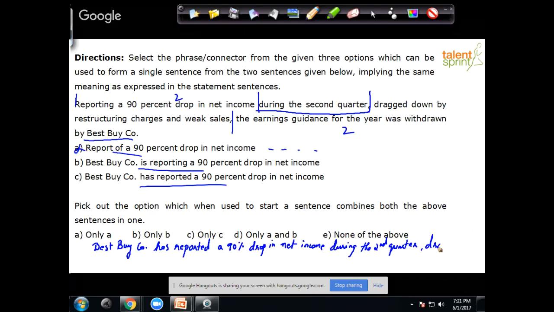Quarter, dragged down by all of that. Restructuring charges and weak sales. And you don't have to repeat Best Buy. You can just say, and the earnings guidance for the year was withdrawn. That's it.